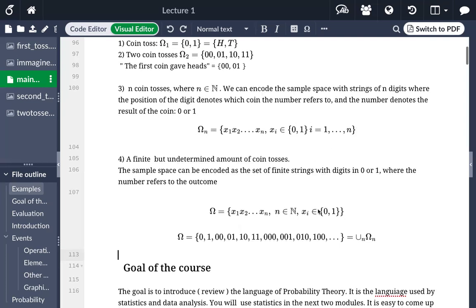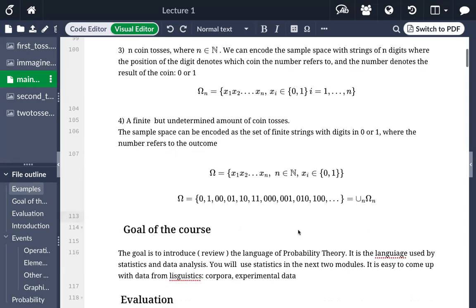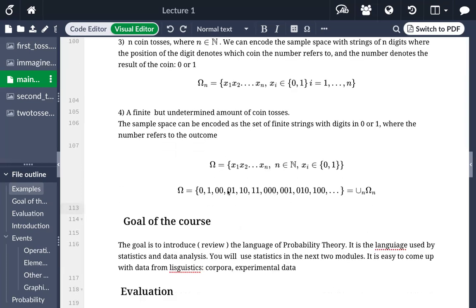Okay, I don't know if this sample space is clear. In this space, there are no infinite sequences. Every sequence is finite, so you stop eventually tossing a coin.